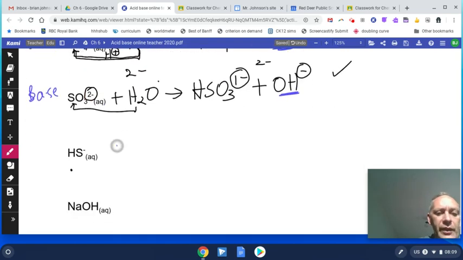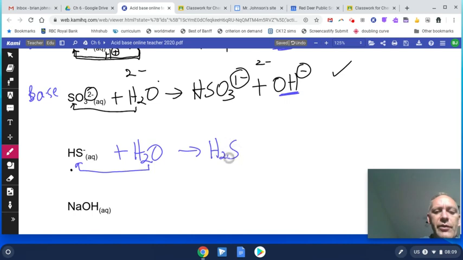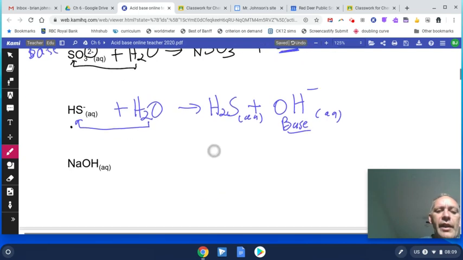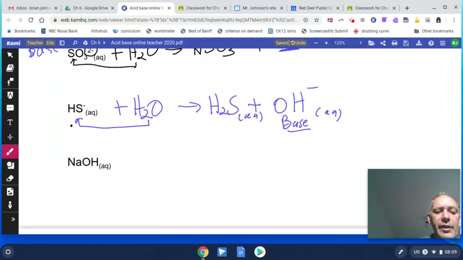Okay, HS-. Try this one on your own. Pause the video, try it. It gains an H+ to become H2S and OH-. Aqueous. And there's our base. And now this one's tricky. You don't have to react it with water. It just dissociates. It's an ionic hydroxide.